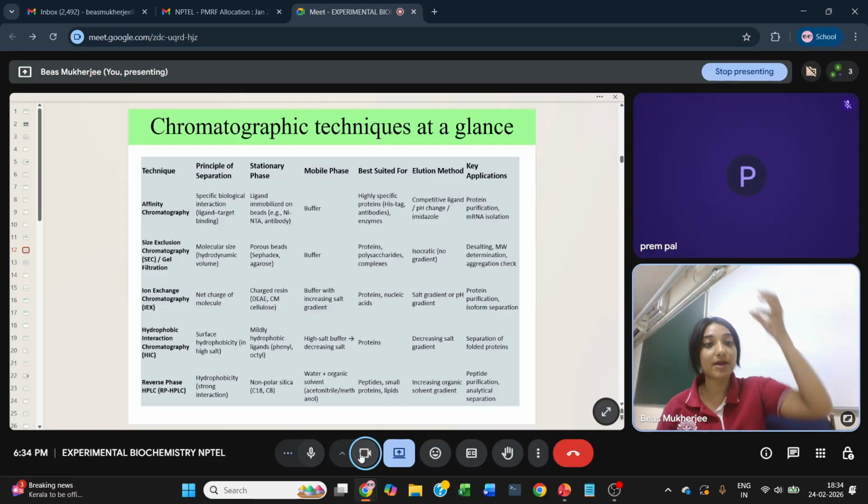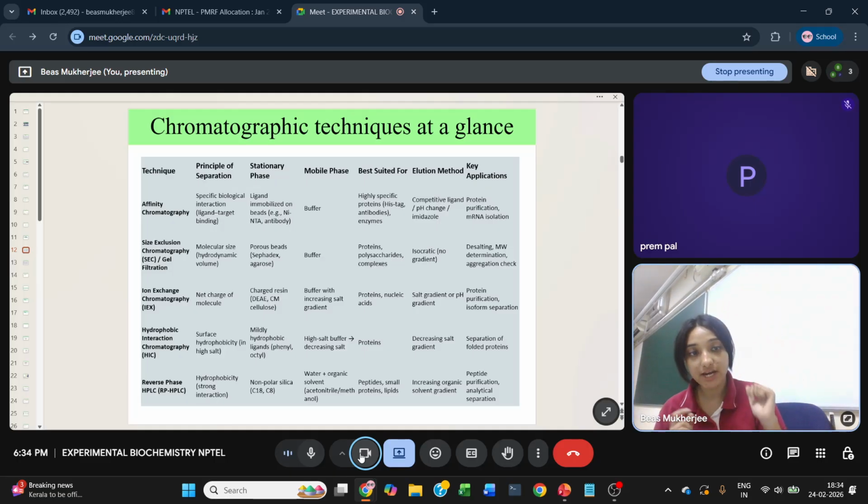So my protein is going to elute faster compared to the smaller fragments, because they enter into more number of pores and take a longer time to get eluted. So always remember in size exclusion chromatography, if your protein of interest is very large, it will elute first. If it is of medium size, it will elute in the middle. And if it is very small, it will elute at the last. So it's always in this order.